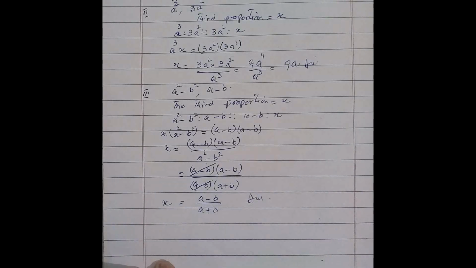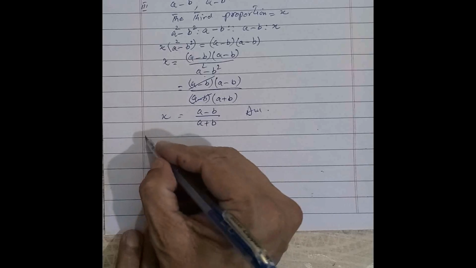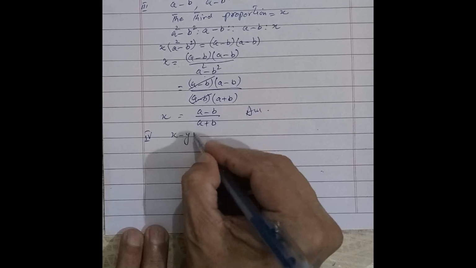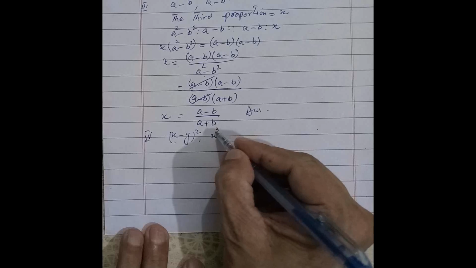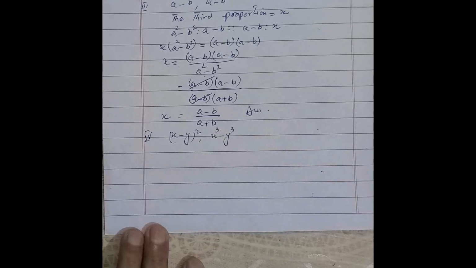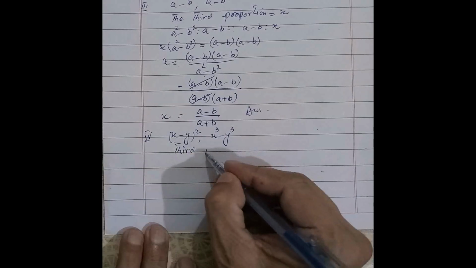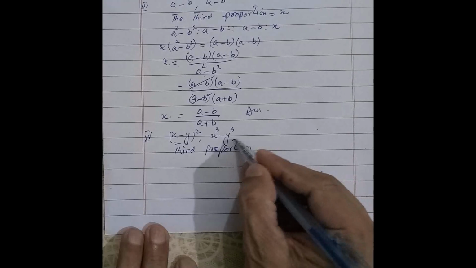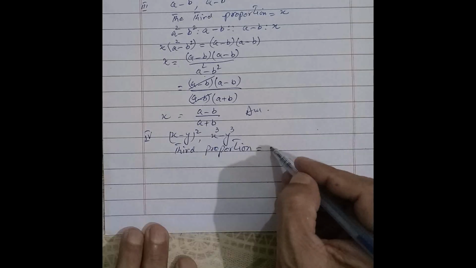It is the answer of part 3. The next, which is part 4, is (x minus y) whole square and x^3 minus y^3. So the third proportion is equal to, here we have x already, so we write a.